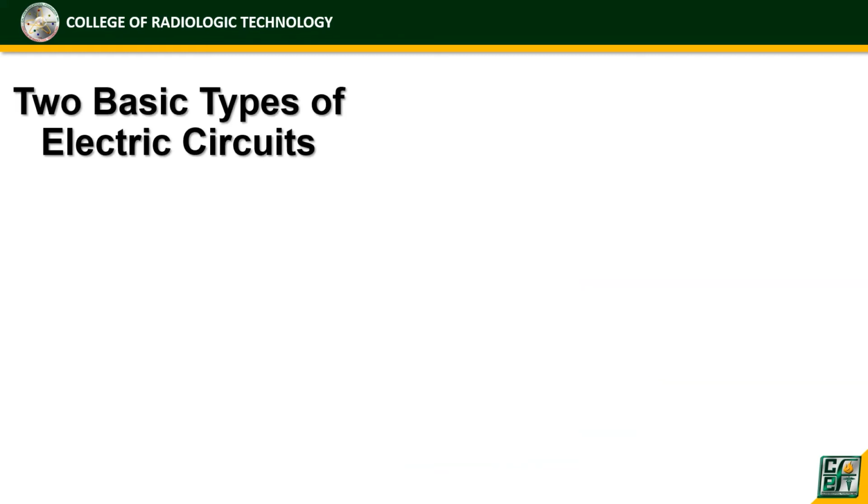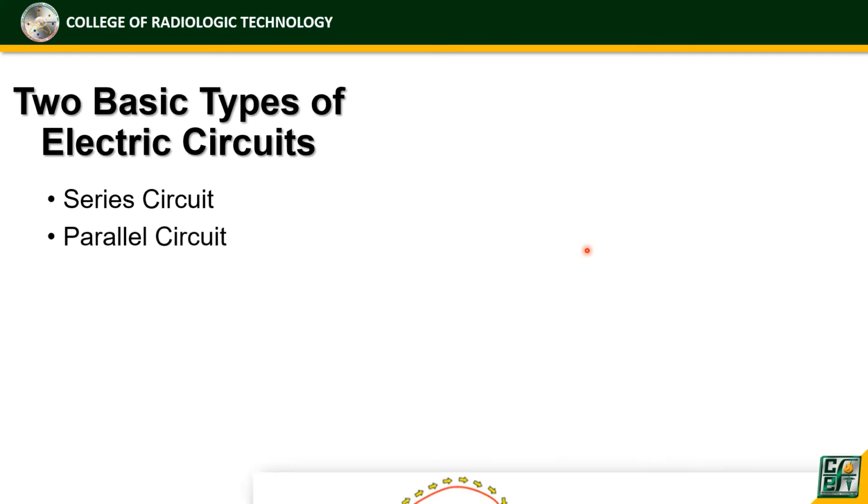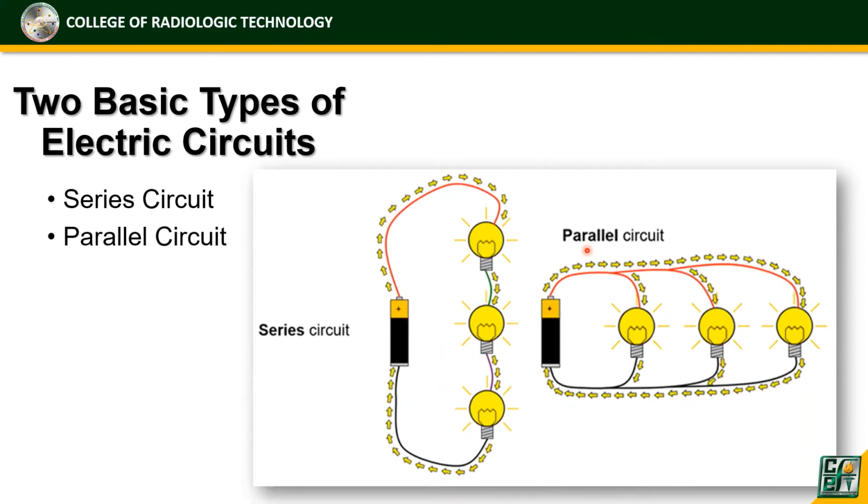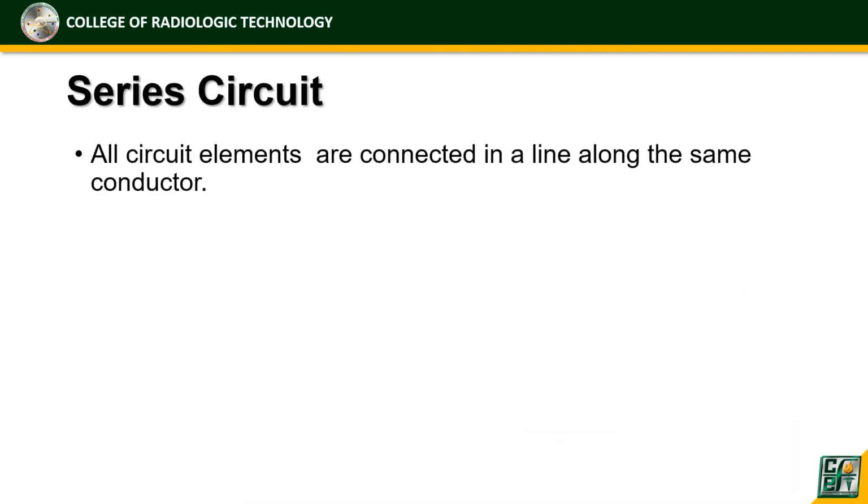So, there are two basic types of electric circuit. So, ano ito? So, basically, we have the series and the parallel. Okay? So, yan lang yung two basic types ng ating electric circuits. So, series circuit.